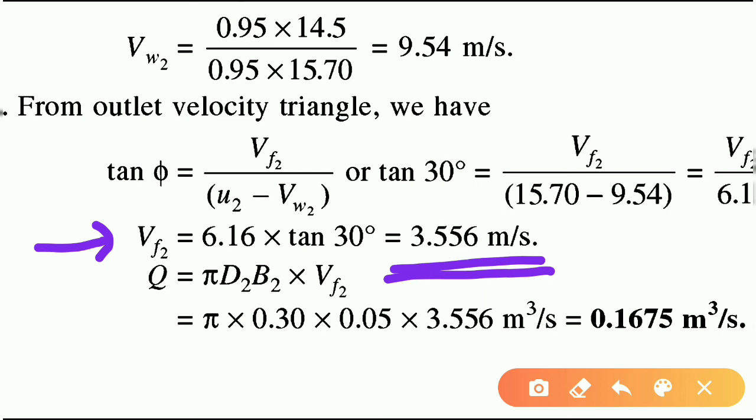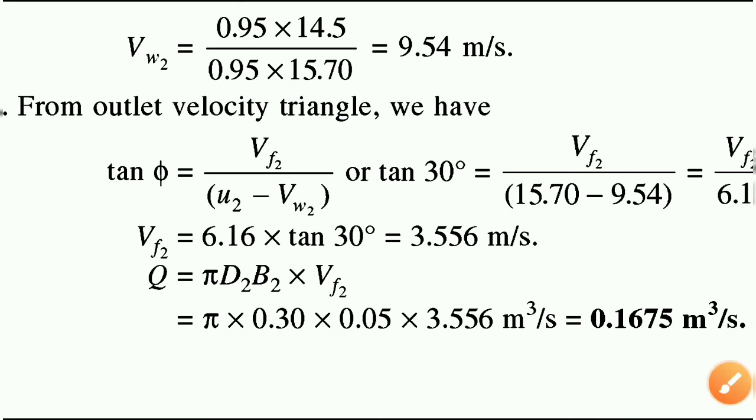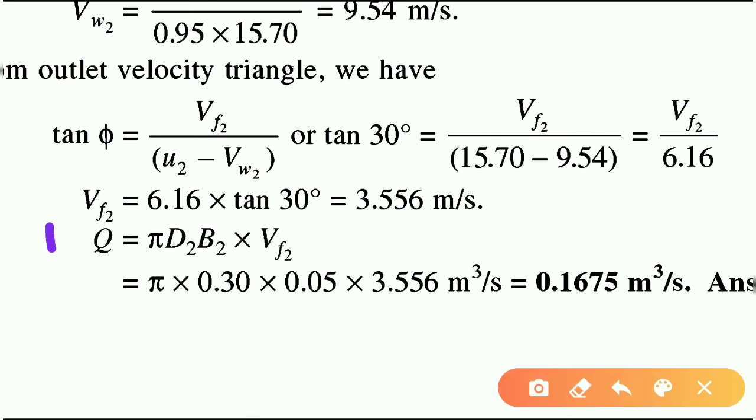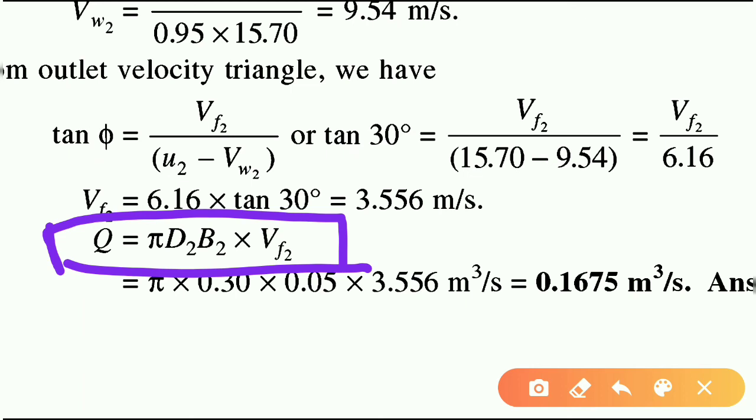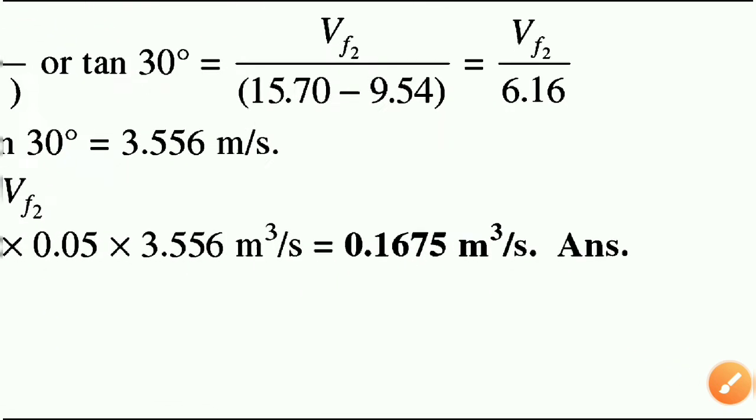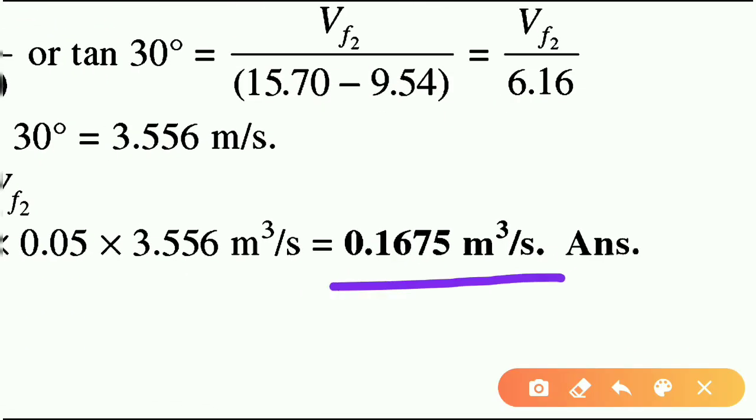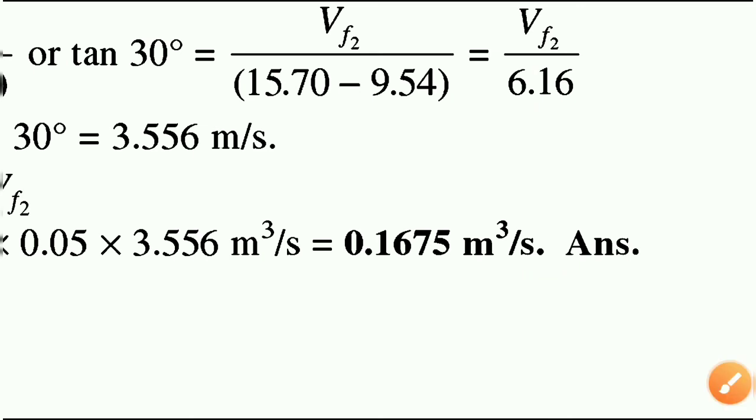So as we know now the value of Vf2, we can use the formula for discharge. Q is equal to pi d2 b2 multiplied by Vf2. If you put all these values into this equation, we will get the discharge through this centrifugal pump as 0.1657 meter cube per second.